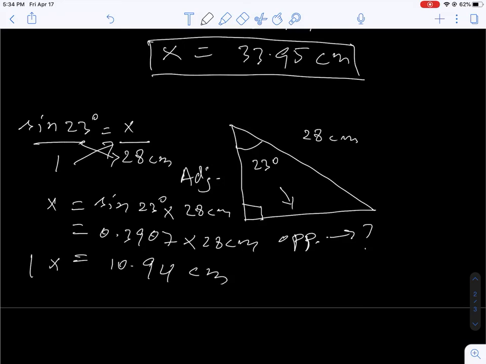So that is going to be our final answer, okay? So this is how you'll find the opposite side length using sine ratio. Now, if the question is to round your answer to the nearest whole number, this will be 11 centimeters. If there is no restriction, just use 2 digits after the decimal.